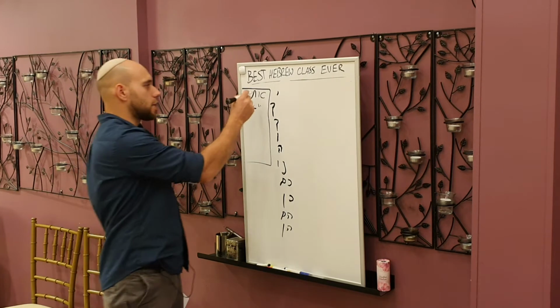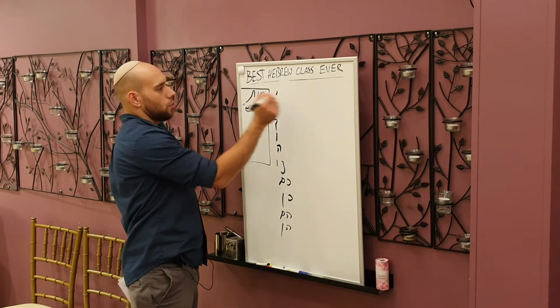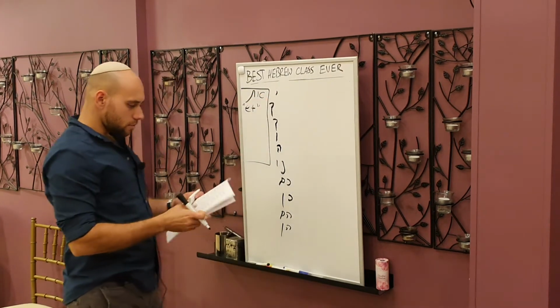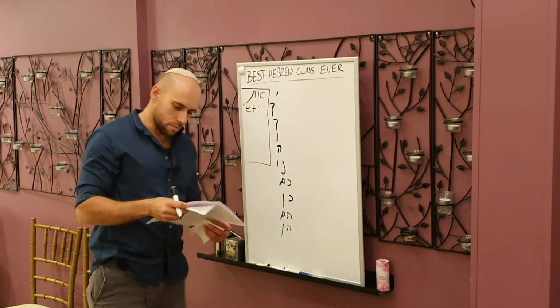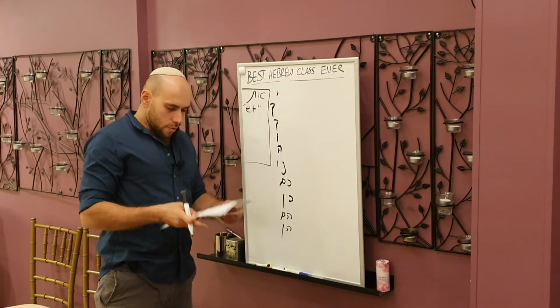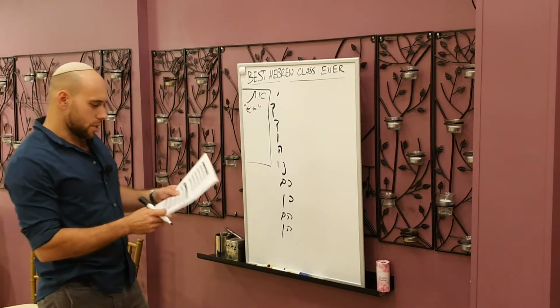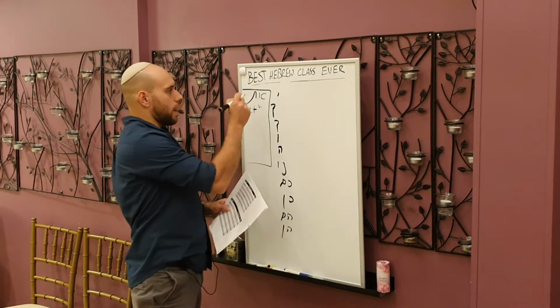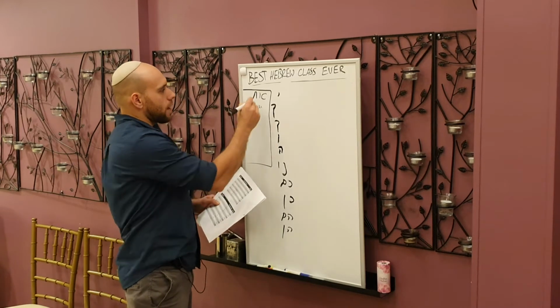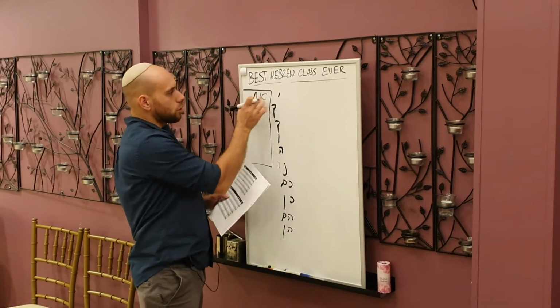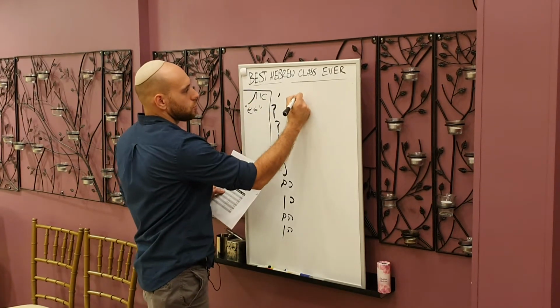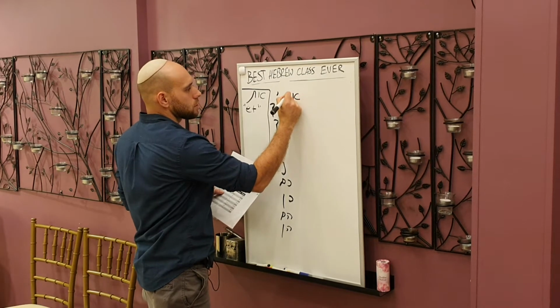In this case we're going to take et, and that's what you have in the chart below. Those words are the pronouns as direct objects. They're built out of the word et, but we add a vav in the middle.